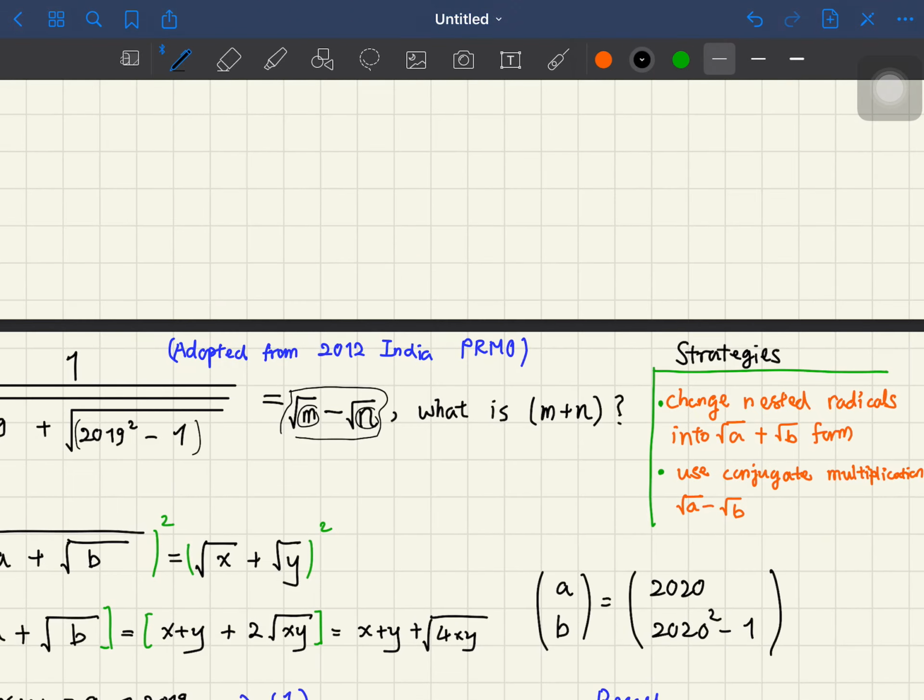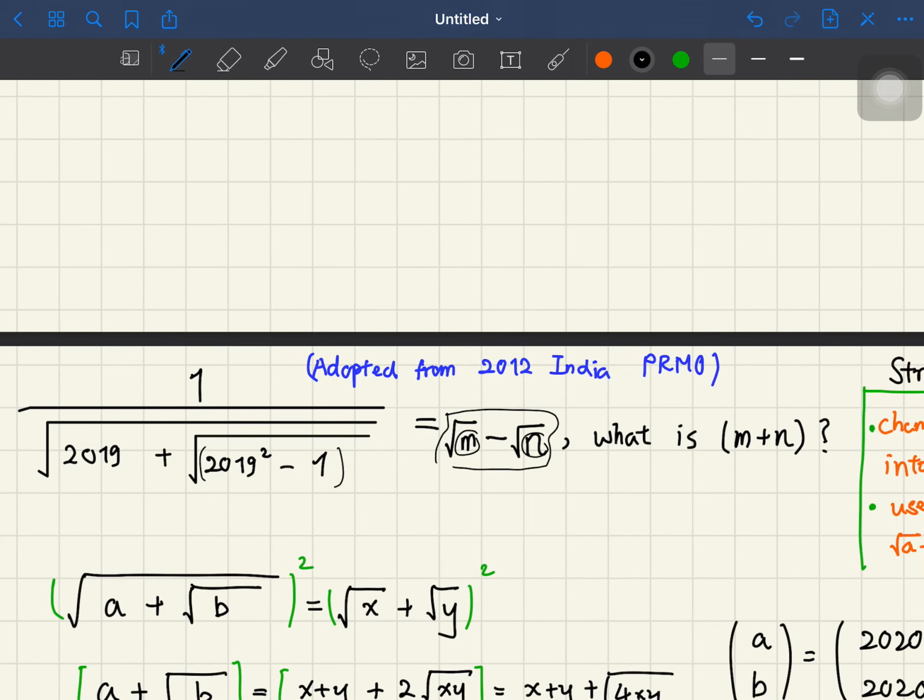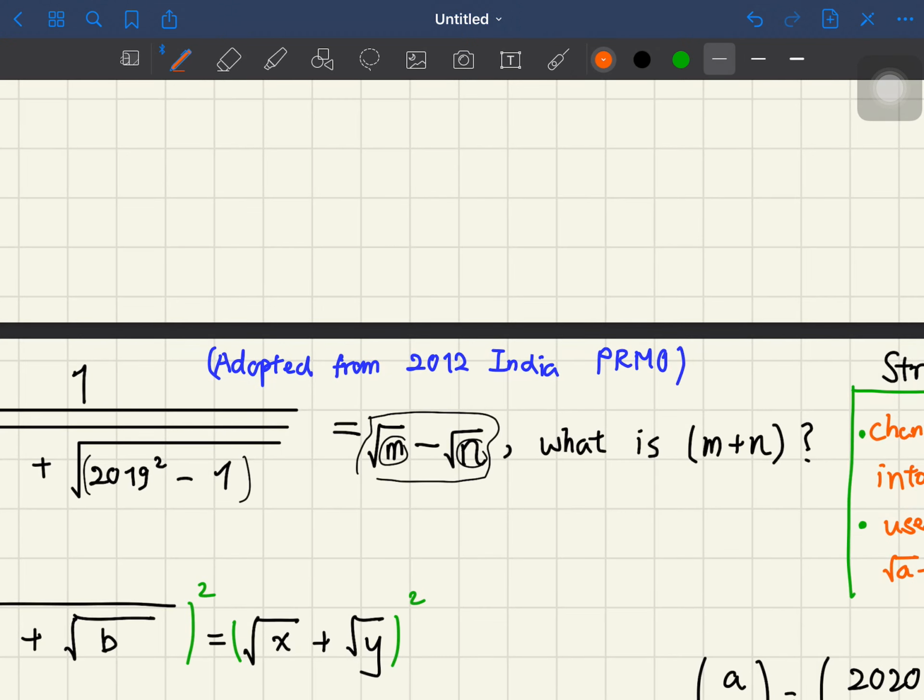So I would like to tell you what is the answer. Surprisingly, if you add m and n together, which is stated in the question, m plus n equals 2019.